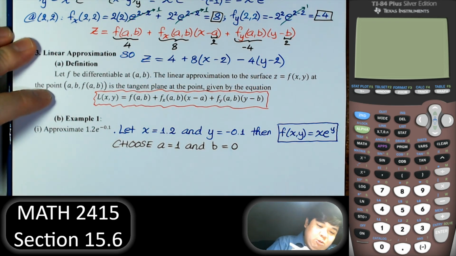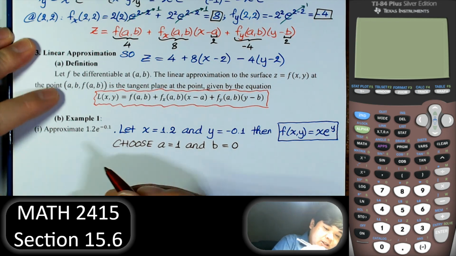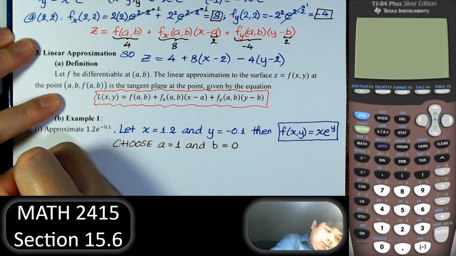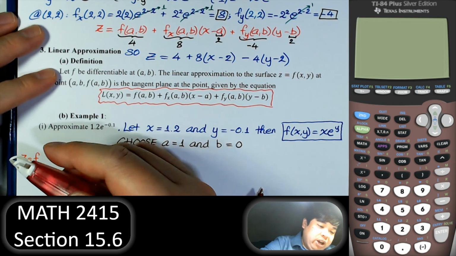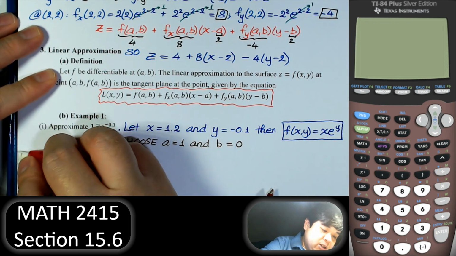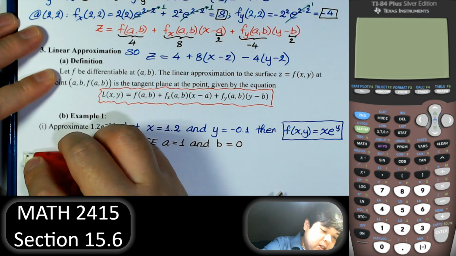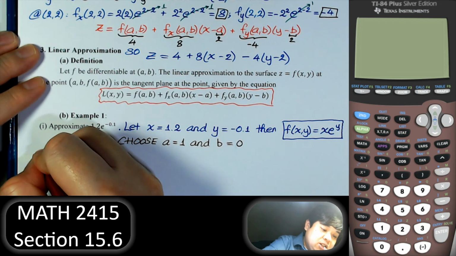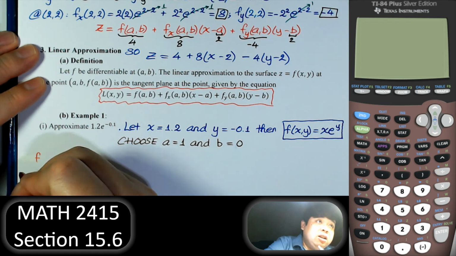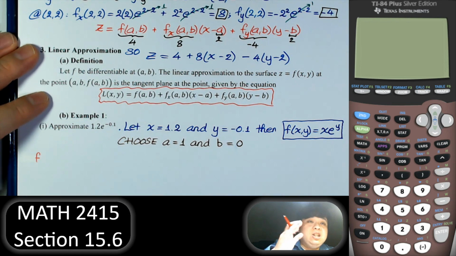Let me just write the formula and then we determine what we need to find. I'm not going to write z, just write L. It's the linear approximation. Even though it says linear, this is not a line, this is the plane, right? Function of two variables, so that is a surface.